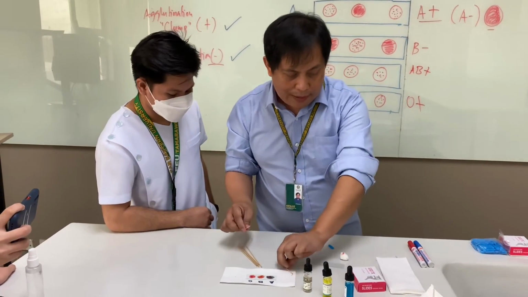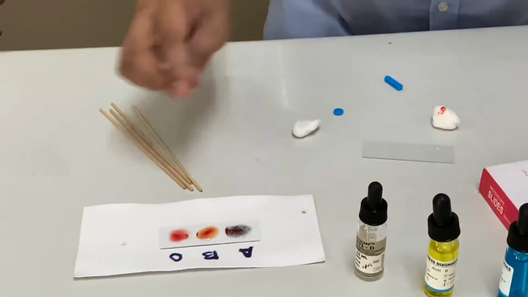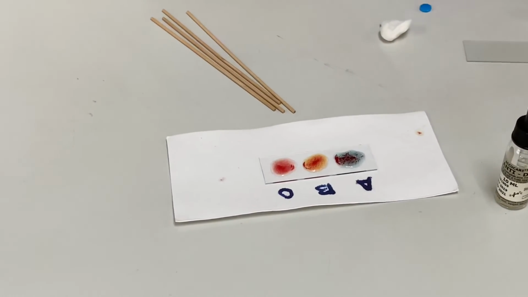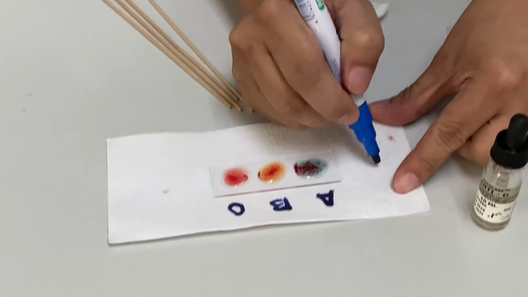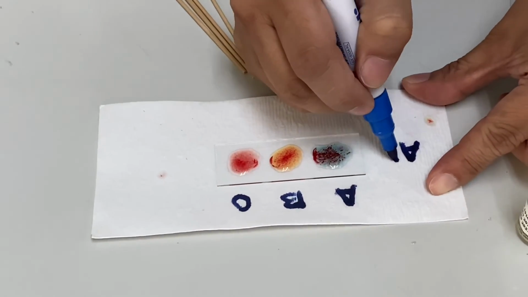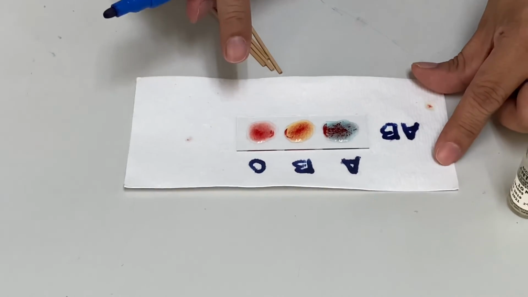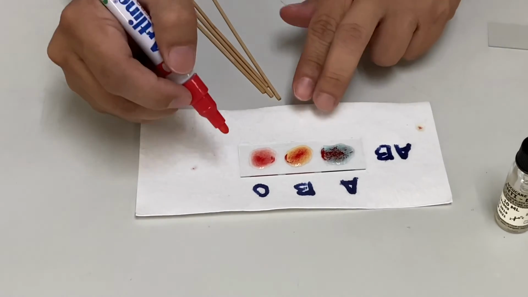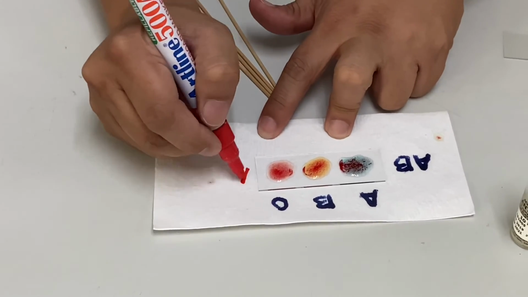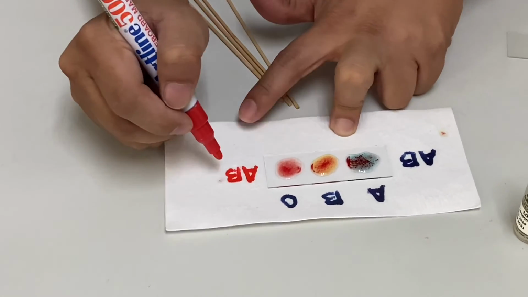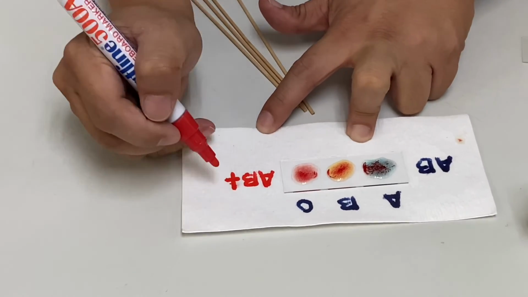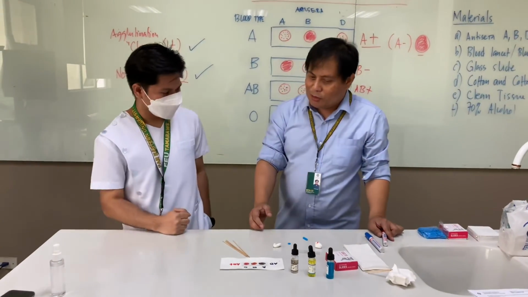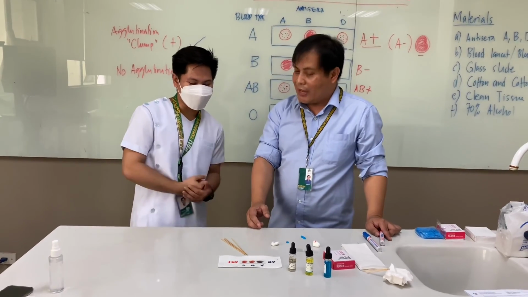So if we are going to label the blood type of Von, this is blood type AB, and by looking at the anti-serum, this is AB positive. Okay, so congratulations Von on having a royal blood, AB positive.